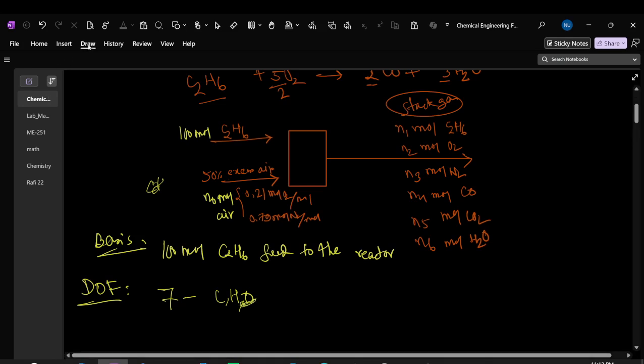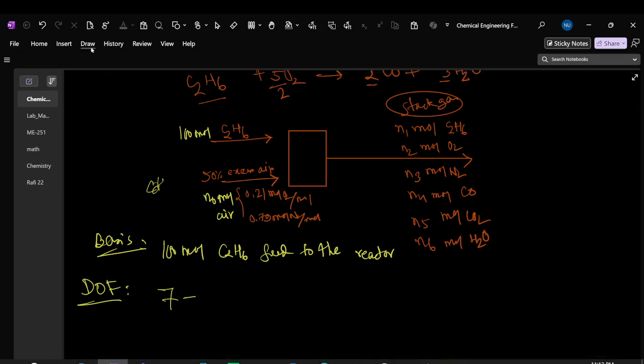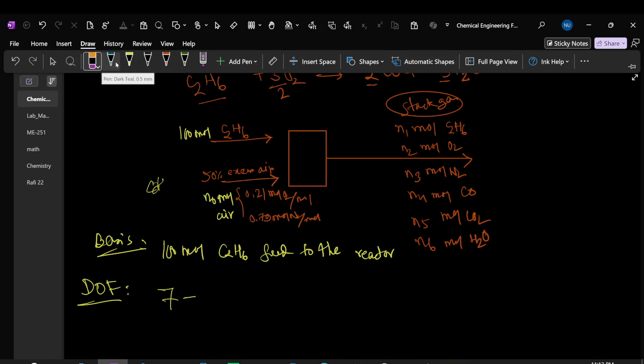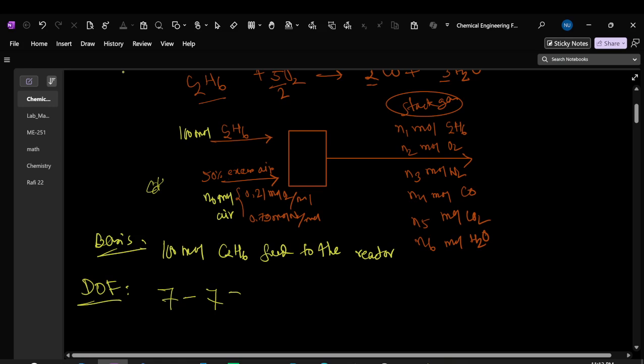Here we see that in this reaction there is no nitrogen participating. So one will be the nitrogen balance equation, and the extra information given is the excess air specification, the ethane conversion specification, and also the carbon monoxide and carbon dioxide ratio specification. So the number of unknowns equals 7 and the number of equations will also be 7, so we can solve this problem, hence the degrees of freedom is equal to 0.